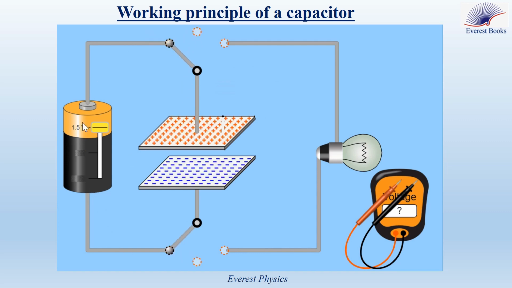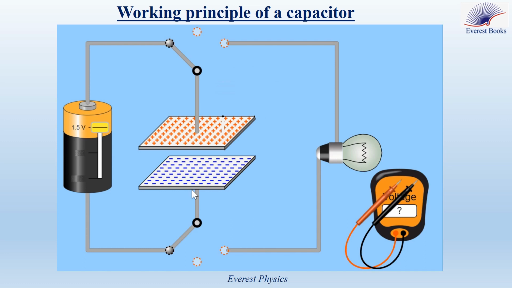We observe that the upper plate of the capacitor loses a certain number of electrons, while the lower plate gains the same number of electrons, because the positive pole of the battery attracts some of the free electrons on the upper plate, so this plate becomes positively charged, and since the lower plate gains a certain number of electrons, it becomes negatively charged. This phenomenon is called the charging of the capacitor.